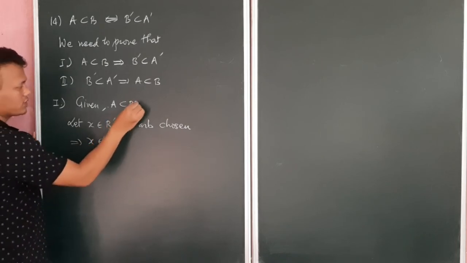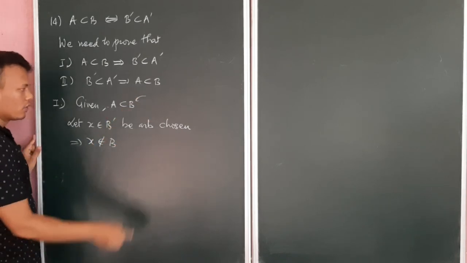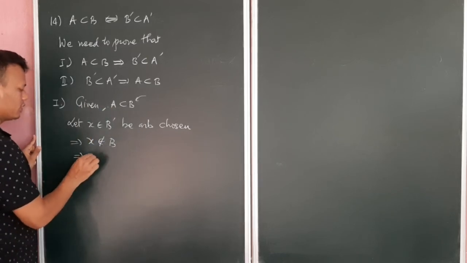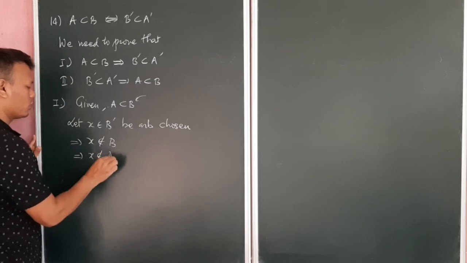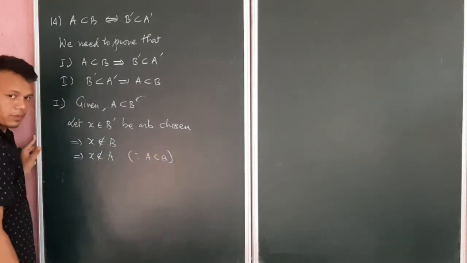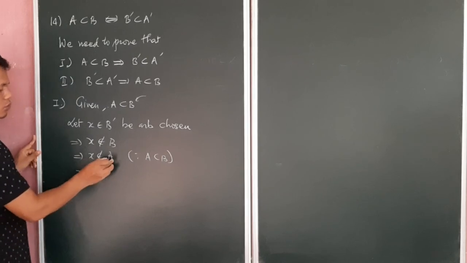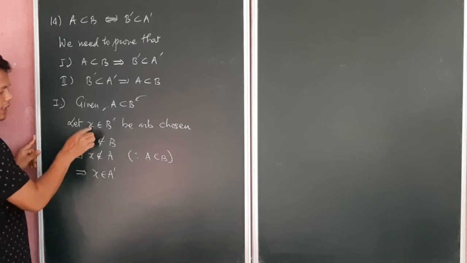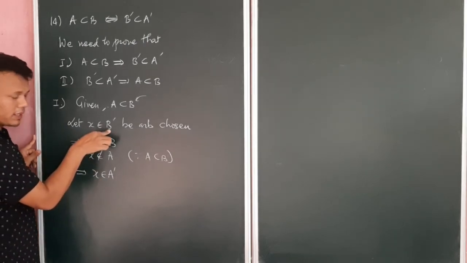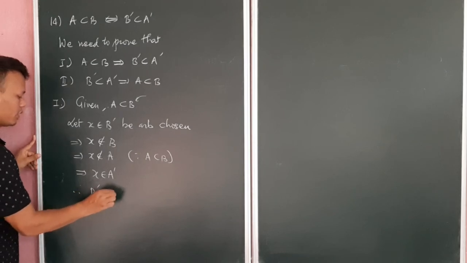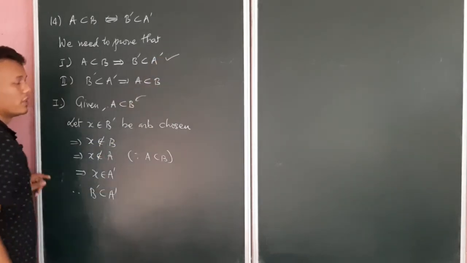Now, if X does not belong to the bigger set, will it belong to A, the smaller set? No, right? So clearly X does not belong to A as well, since A is a subset of B. Alright. So if X does not belong to A, then X belongs to A dash, isn't it? See, X initially belonged to B dash, now it belongs to A dash. So therefore we have B dash is a subset of A dash. So this is already proved.